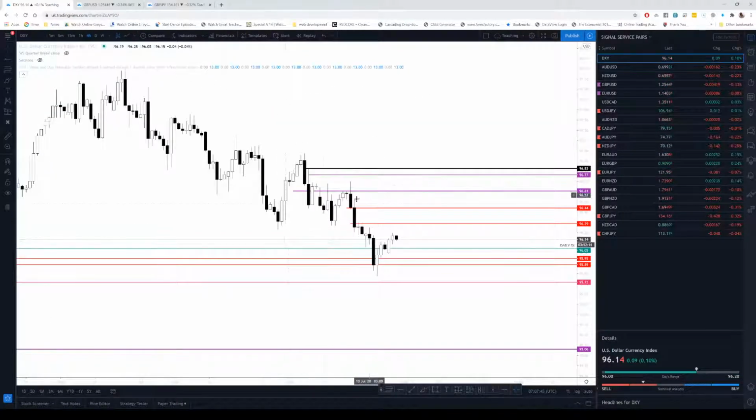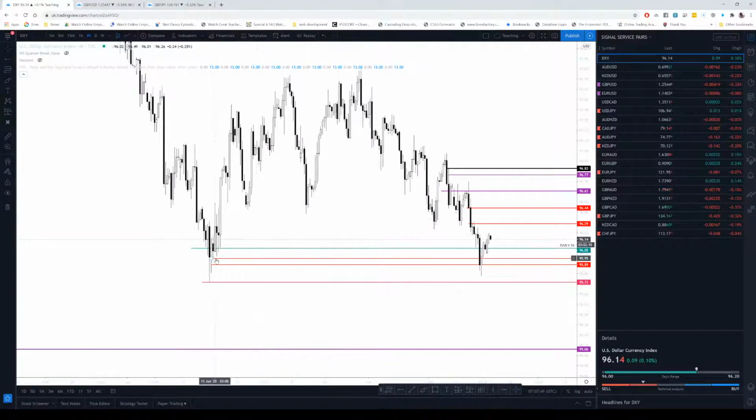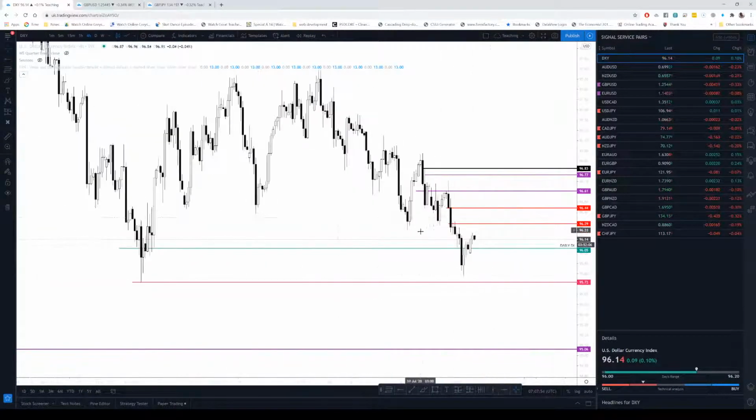On the 4 hour it looks better because it's just like I derived from the 15 minutes down here, similar. So I want to see price come up a little bit more, and then finally another leg down. All right, that's what I'm expecting.